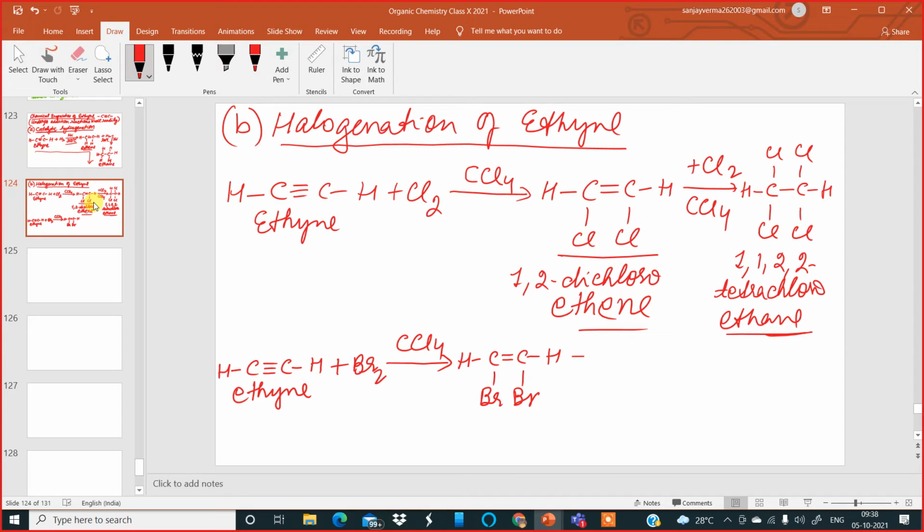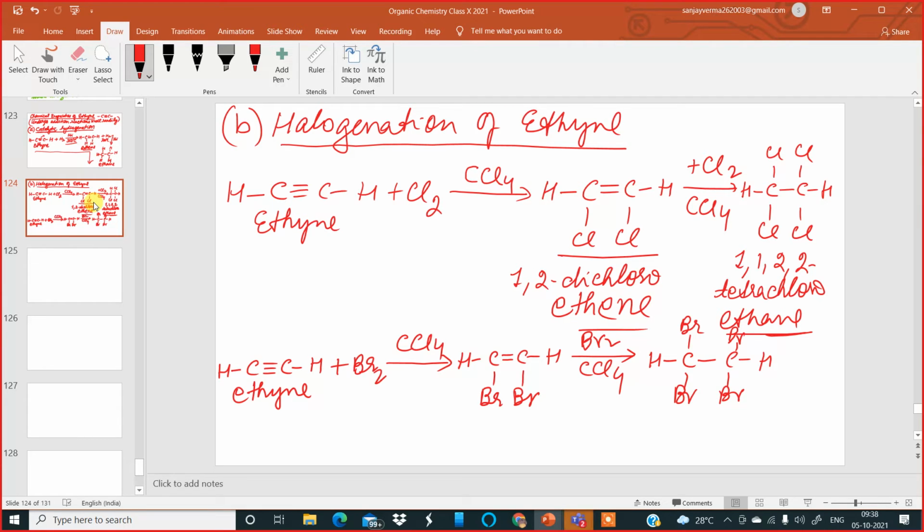And again further bromination, addition of bromine in the presence of inert solvent carbon tetrachloride. The double bond breaks down into a single bond and we get HC single bond CH, and then a total of 4 bromine atoms like this.